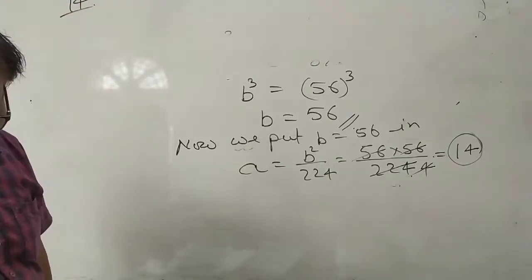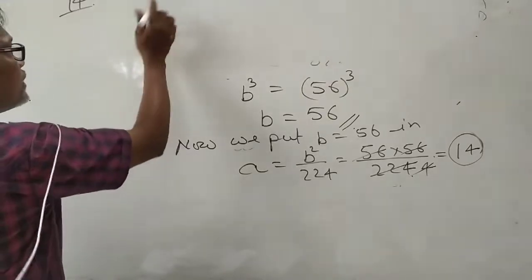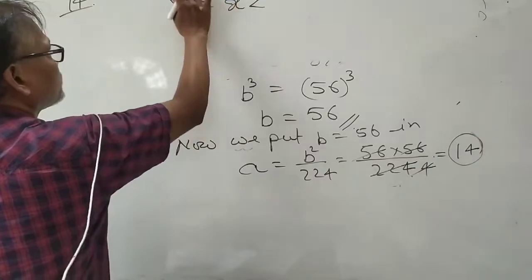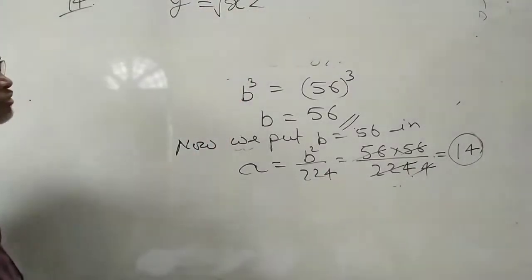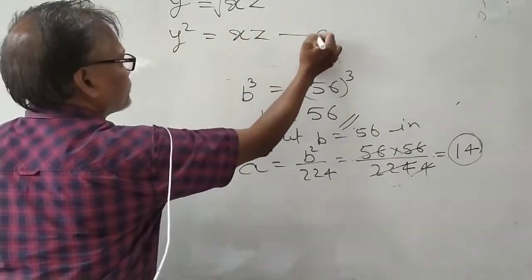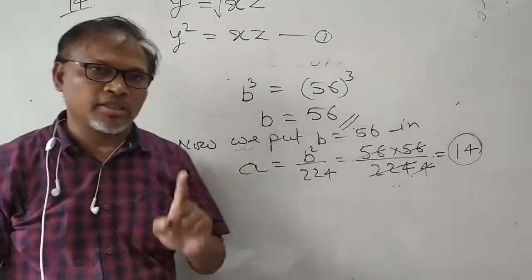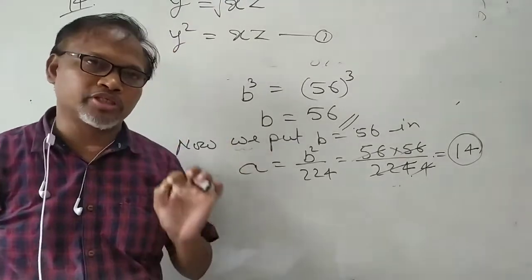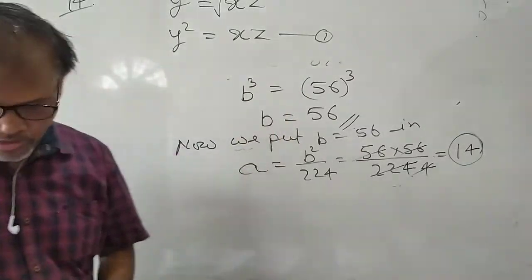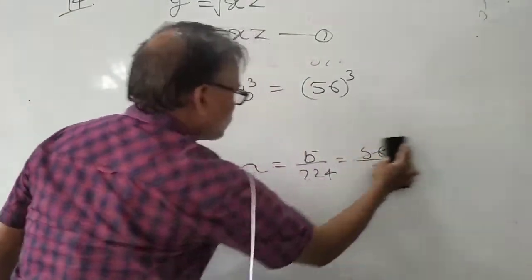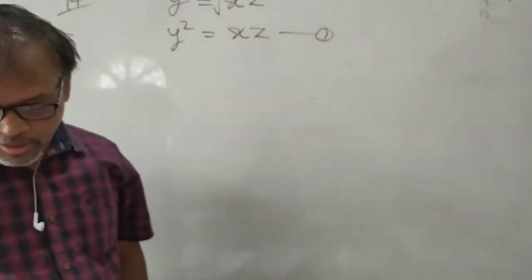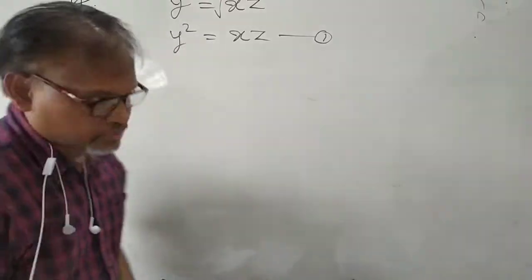If y is mean proportion between x and z, y is mean proportion between x and z means y square is equal to xz, or you can say y is equal to under root xz. अगर a b c 3 नंबर्स दिए गए, b मीन प्रोपोर्शन है a एंड c का, तो b is equal to under root ac. जस्ट I told you बिटवीन द टू नंबर्स, तो दोनों नंबर का प्रोडक्ट करके उनका स्क्वायर रूट ले लो तो मीन प्रोपोर्शन निकल आएगा.